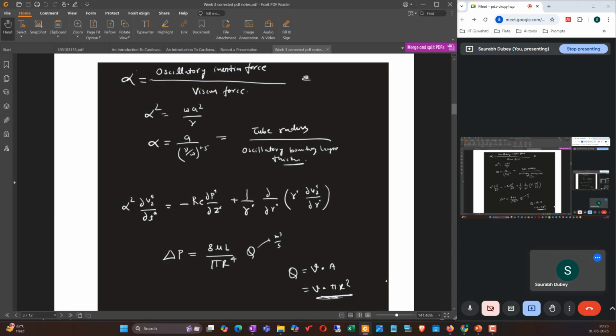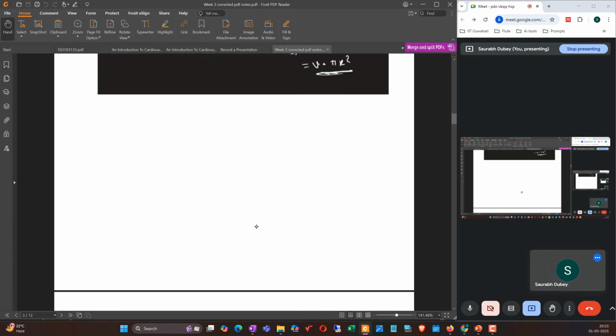And this is the final reduced expression after the order of magnitude analysis. It dictates the inertial influences, where the temporal term has been taken into account, and then the pressure drop, and then the viscous dissipation term.